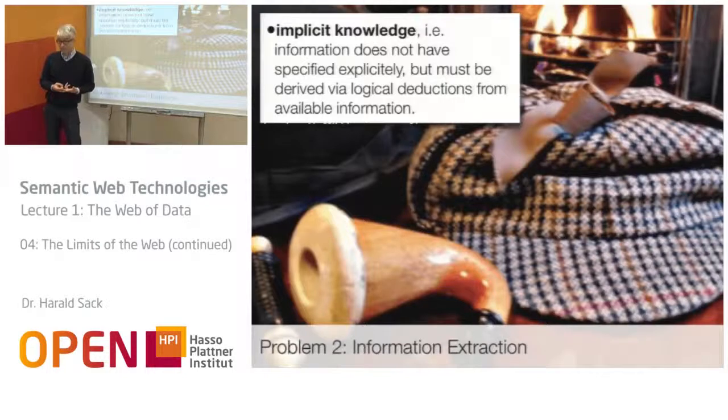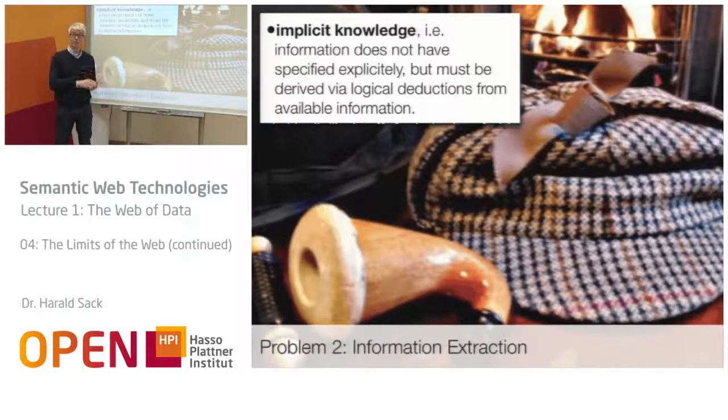And again, natural language contains a lot of implicit knowledge. For example, if you look at that picture, maybe these accessories somehow are familiar to you, and you might think probably of Sherlock Holmes if you have read the novels or seen a movie. So the thing is that we can take clues as humans, and from that we are able to derive, via logical deductions, new information from the available information.